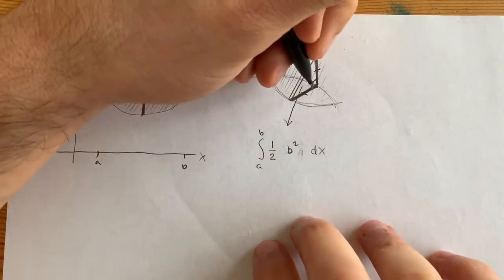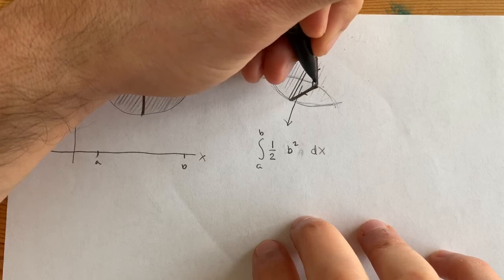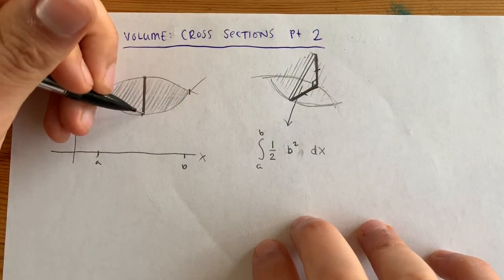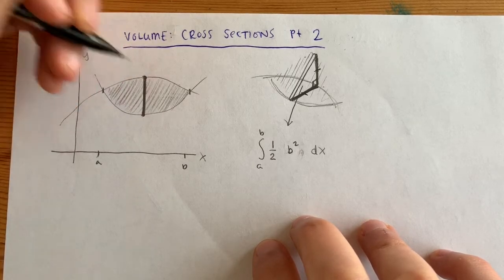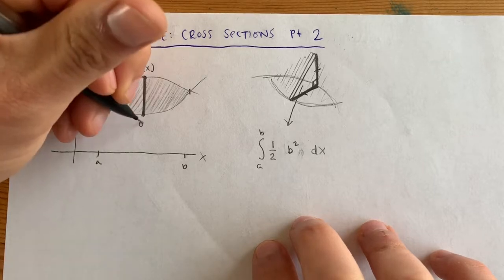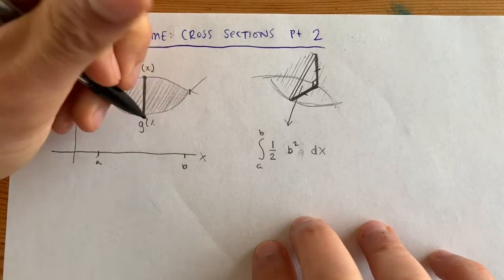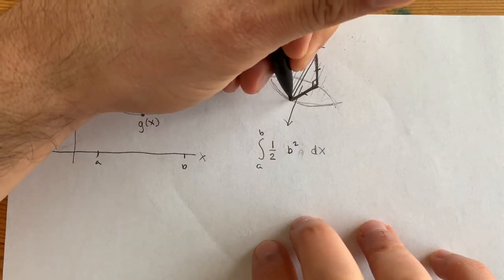What you need to know is, how would I find this baseline? Well, this baseline is this line right here. And to find the length of this, it would be top minus bottom. So let's say the top is f of x minus g of x, that would give us this line, the baseline here.